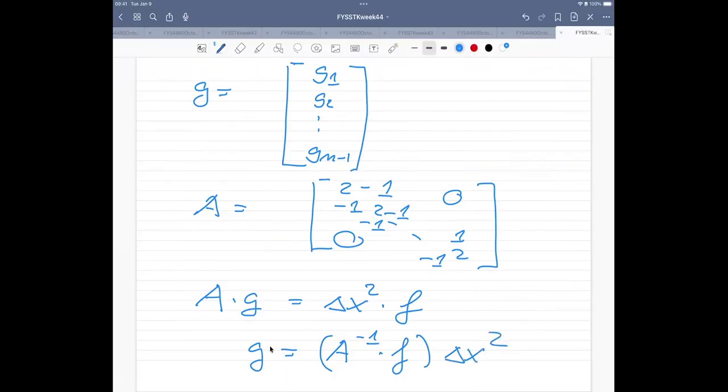Now, the matrix you have is a 3-diagonal one. And matrix inversion here is very inefficient because to invert a matrix, if this matrix has dimension n times n, it requires n cubed floating point operations. There is an algorithm which is called Thomas algorithm.